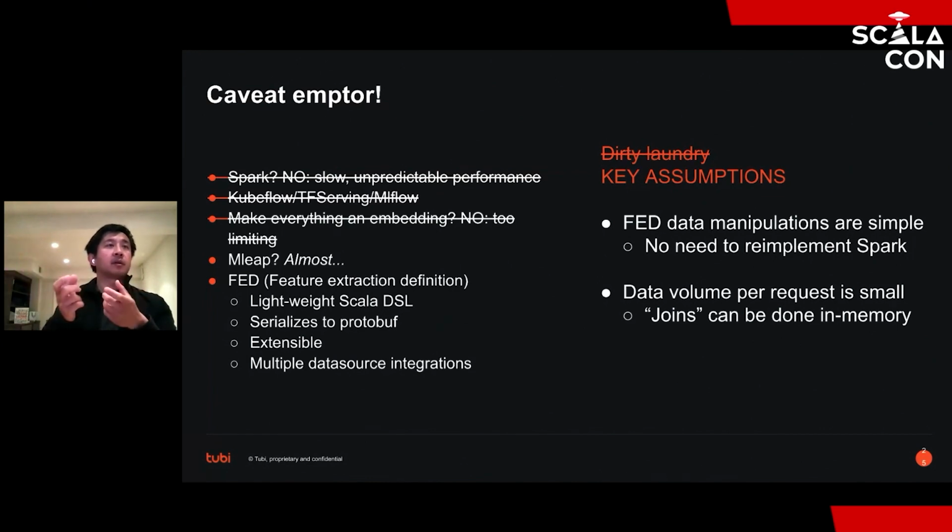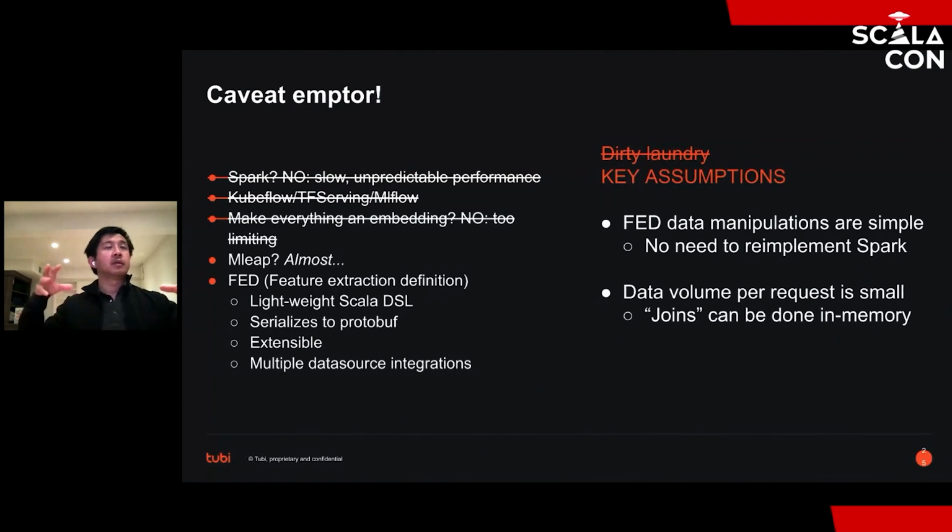This assumption is critical because we don't want to have to re-implement all of Spark. That would be stupid. And another critical assumption is that in the online serving environment, the data volume for a single request from a single user is small.